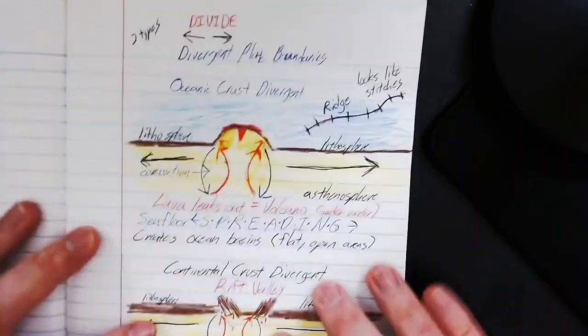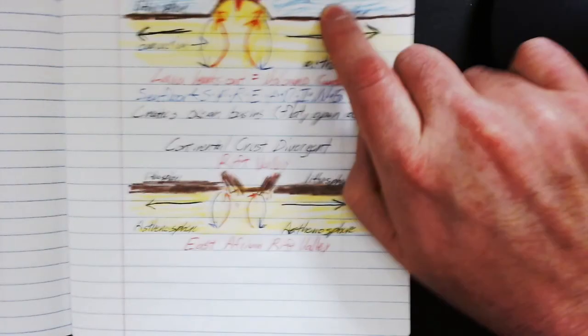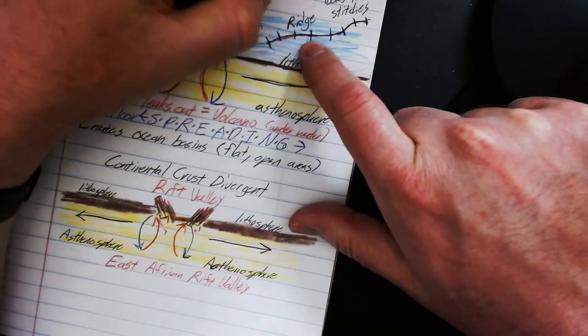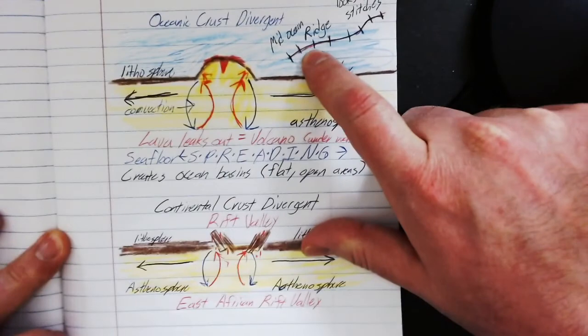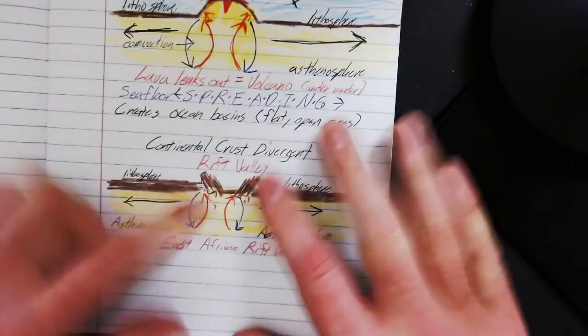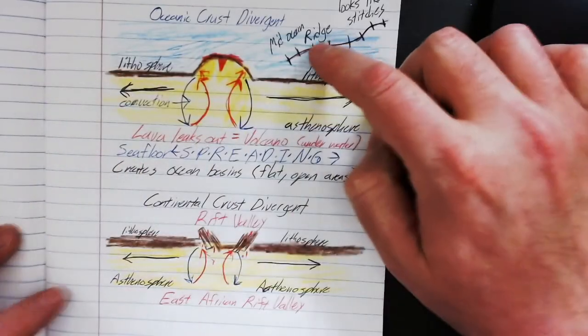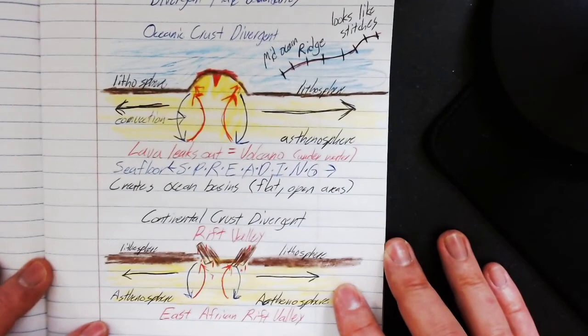And when you rip the ocean apart, you get a mid-ocean ridge. We should put that. You get a mid-ocean ridge. And when you rip the land apart, you get a rift valley. So you get a lot of R's with divergence.